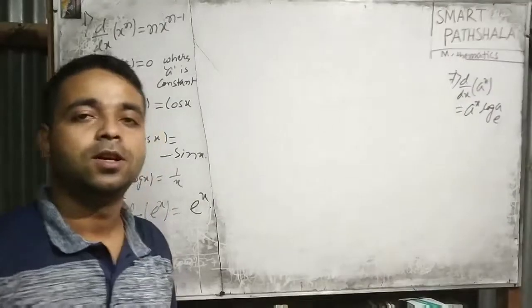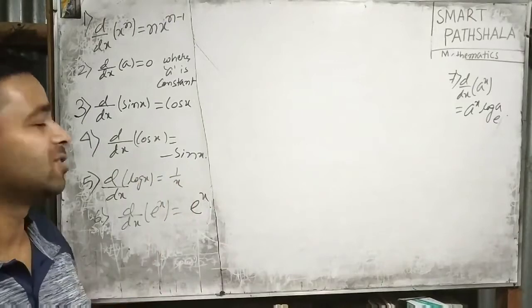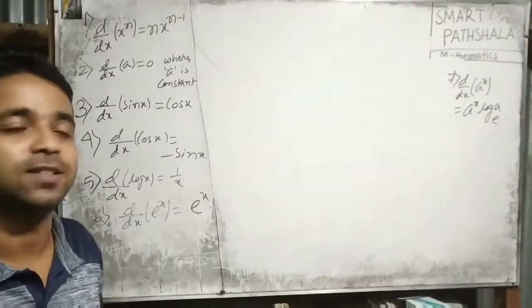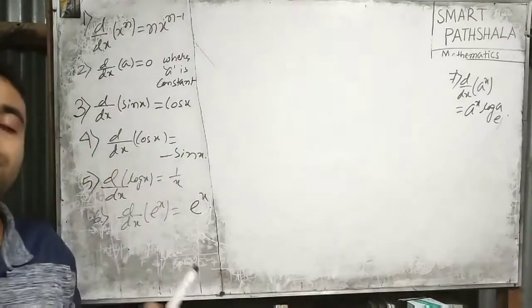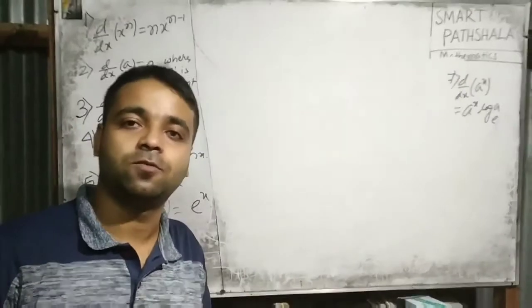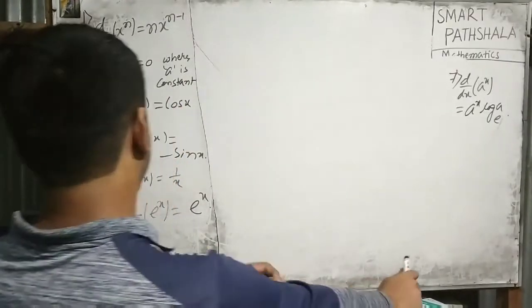This chapter has a whole bunch of formulas. Even we didn't derive d/dx of sec x, cosec x, tan x, cot x. We will derive it later on when we will learn how to differentiate functions which are in multiplication form or in division form in later classes.